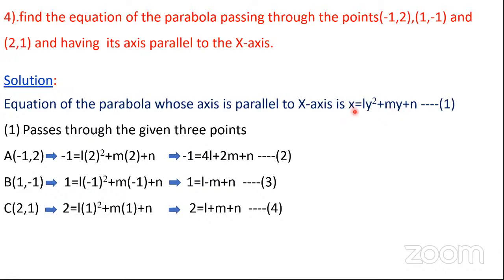Then, it is 2 equal to L into 1 square plus M into 1 plus N. Is this clear, children? On simplification, we shall get 2 equal to L plus M plus N. Now we have to solve equations 2, 3, 4, taking 2 at a time, and find the values of L, M, N.